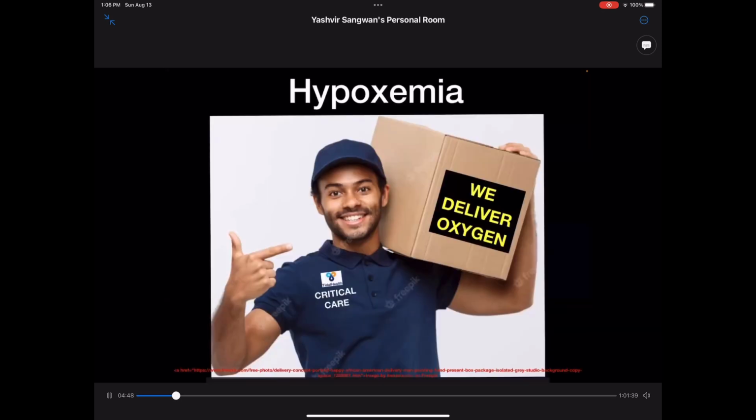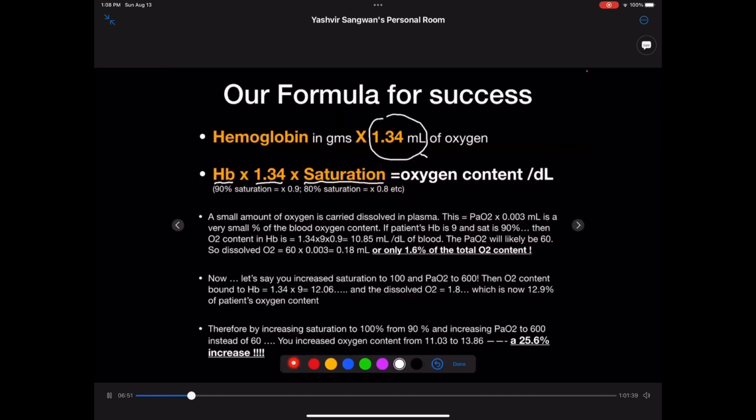If you can break it down to one single sentence, as a critical care person, I deliver oxygen to tissues. When your blood is 100% saturated, every gram of hemoglobin will carry 1.34 ml of oxygen.